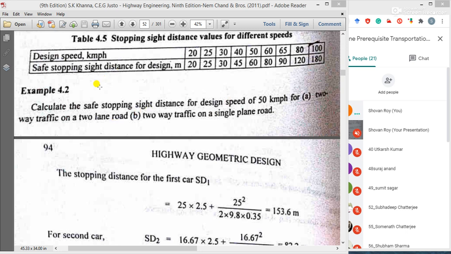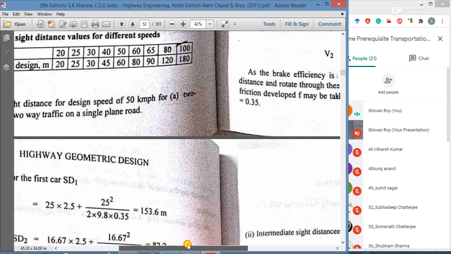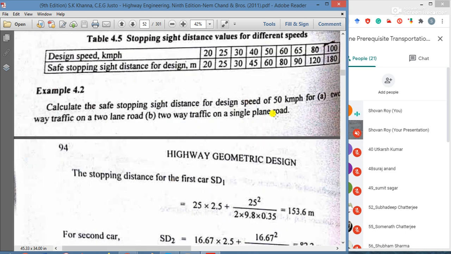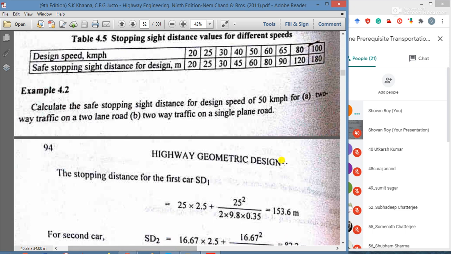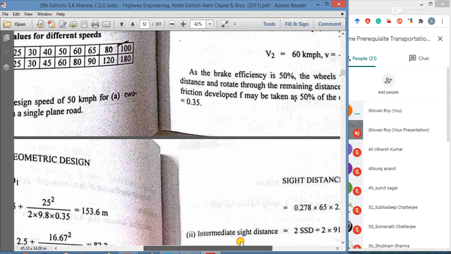Now you have to calculate the safe stopping sight distance, and the design speed specified for the road is 50 km per hour. Now the solution. Design speed is 50 km per hour, and the first condition is two-way traffic on a two-lane road, the second is two-way traffic on a single lane road.